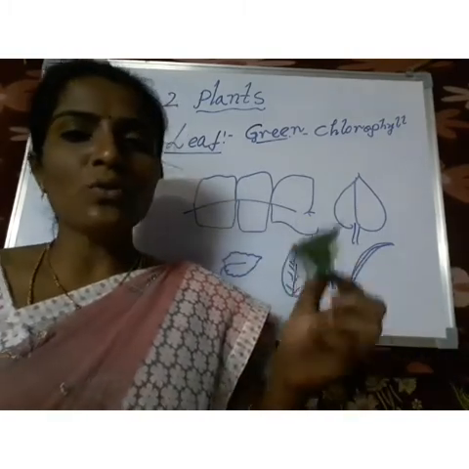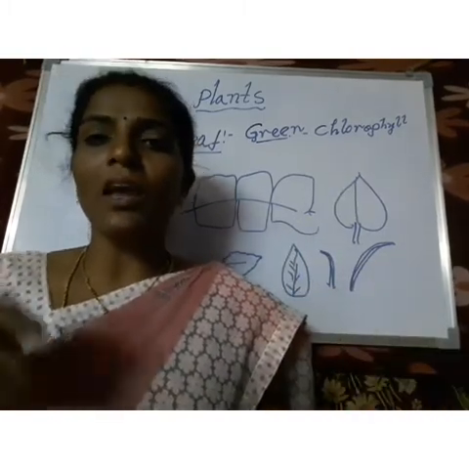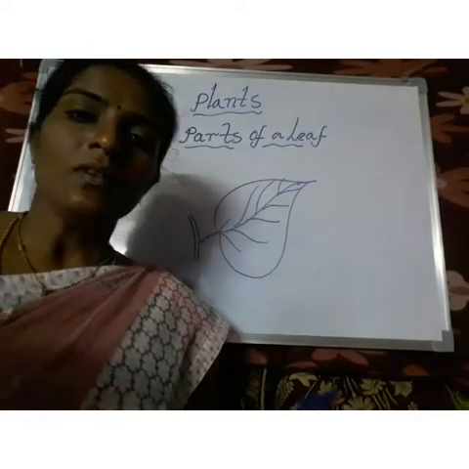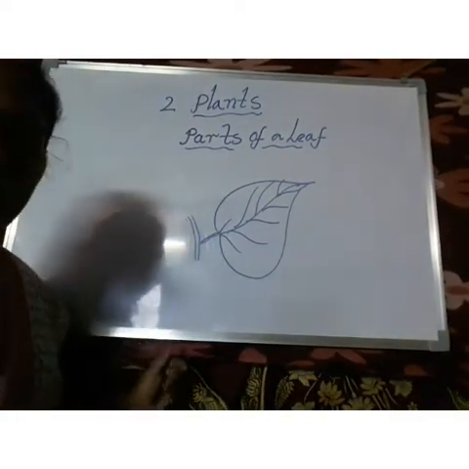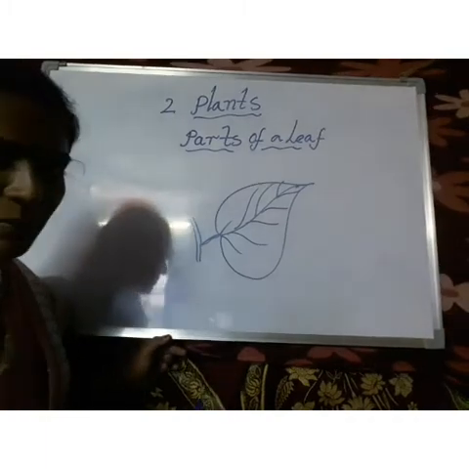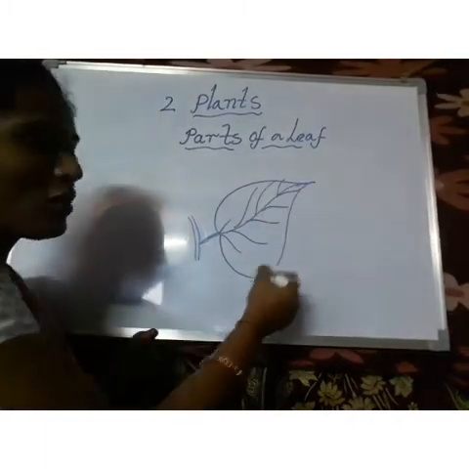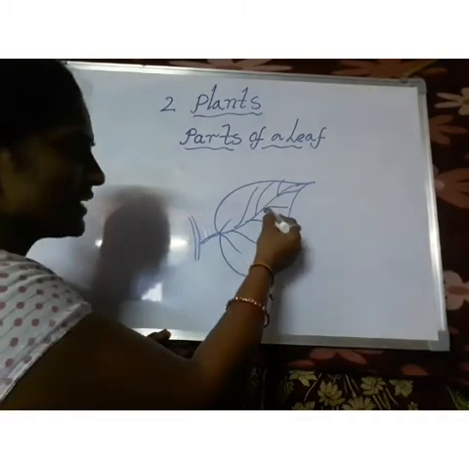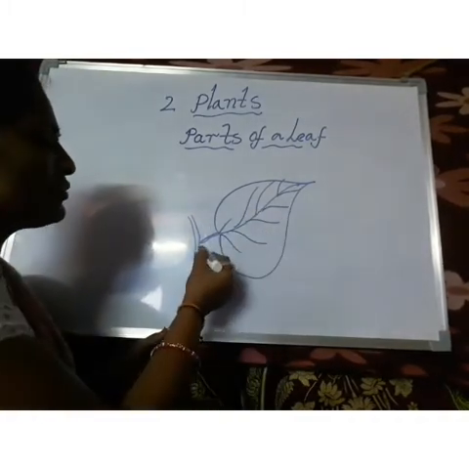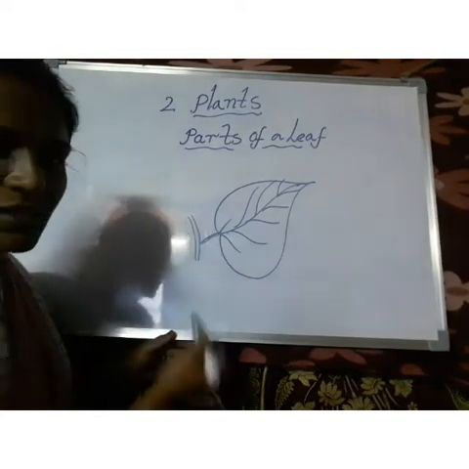Now we have to know about the parts of a leaf. This is the picture of a leaf. First of all, this is what we call the leaf. These leaves attach at one place upon the stem.